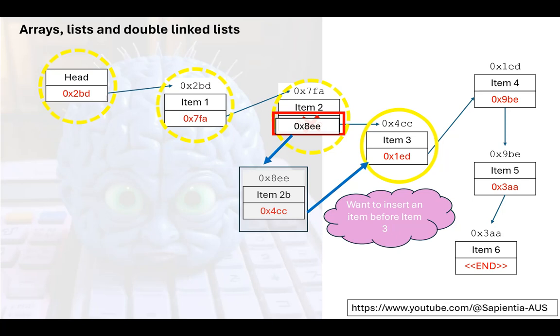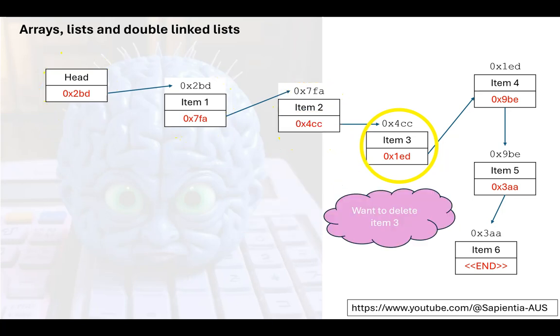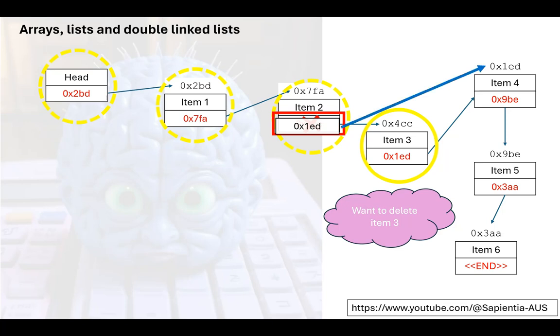This could make the process take big O of n time, which is to say we could have to cycle through every single item in the list to find the one we want. The same thing would happen with deletion. I would have to go through, find the item that points to the item I want to delete, get that one to point to the next item in the list, and then I can remove item 3 from memory.